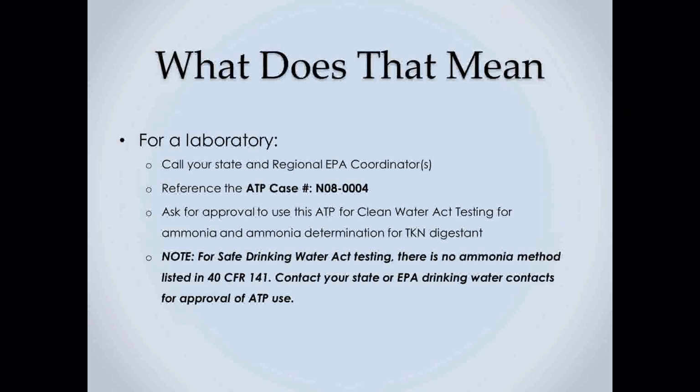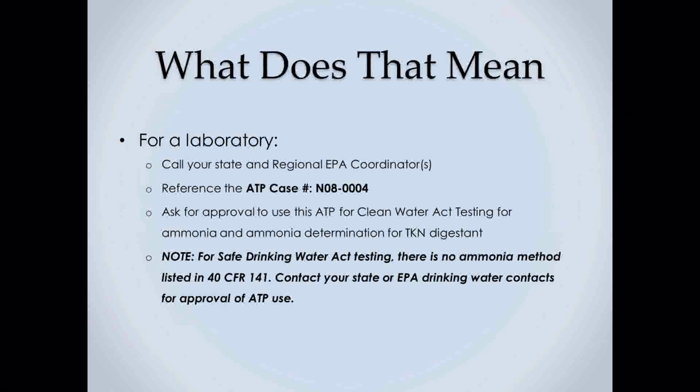Again, even though it's not in 141, you do need to contact your state and EPA drinking water contacts. And that could be the ATP people. It can also be whoever's doing laboratory certification for your drinking water laboratory to see if it's approved to use this ATP. So don't just assume that because it's not in 141 you can just use the ATP.